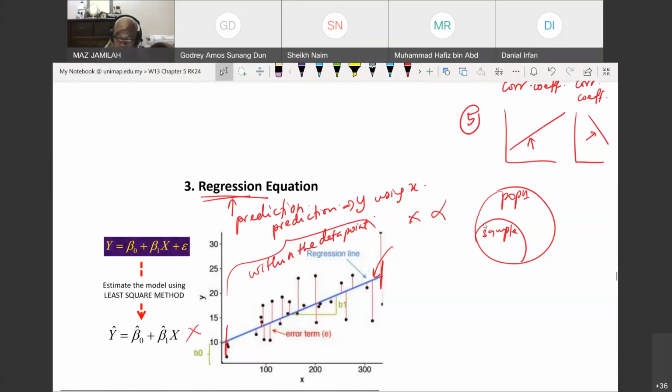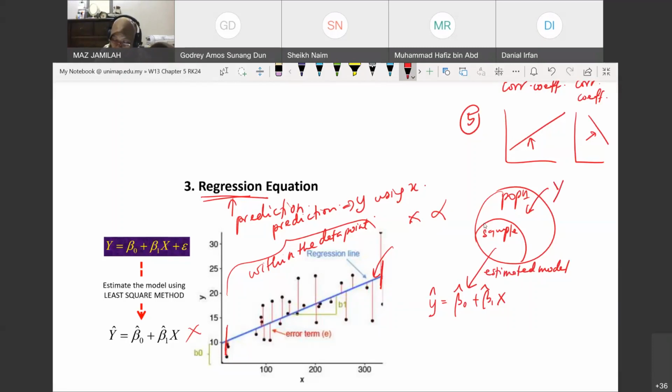Now, when we are talking about our sample, our model for our regression equation is given by y hat is equal to beta naught hat plus beta 1 hat x. This is an estimated model. What is the real model then? The real model is based on your population data.